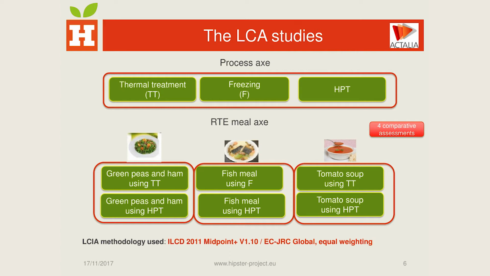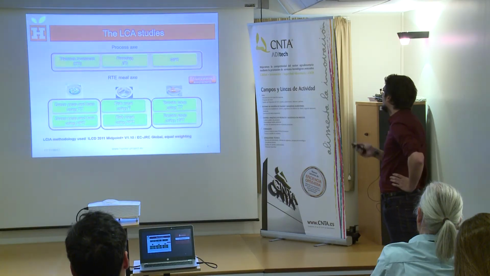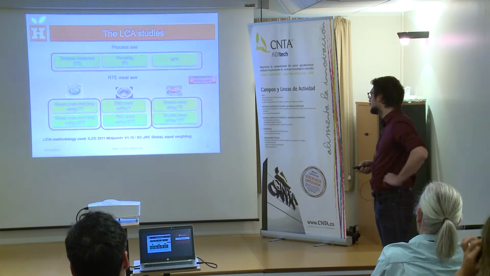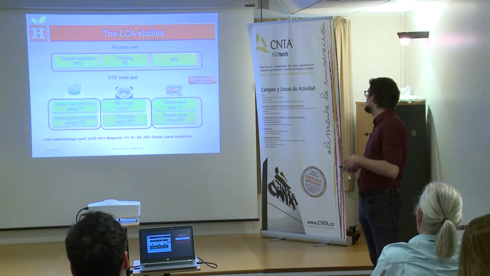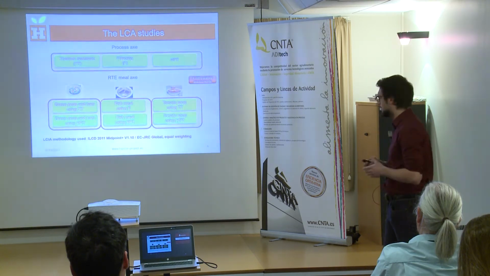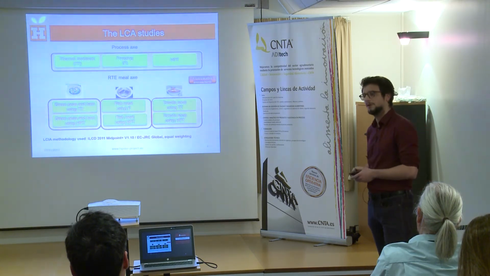And for the ready-to-eat meal axis, we performed three different assessments on a green peas meal, a fish meal, and a tomato soup. We compare different scenarios for each meal, one using the current thermal treatment and one using the new HPT technology. The methodology used was ILCD 2011 midpoint plus, which is the methodology advised by the European Commission.